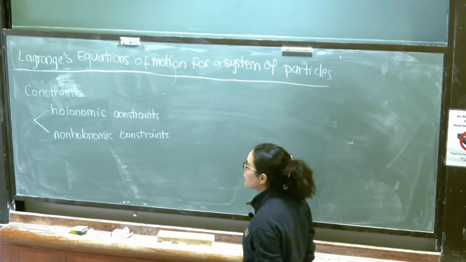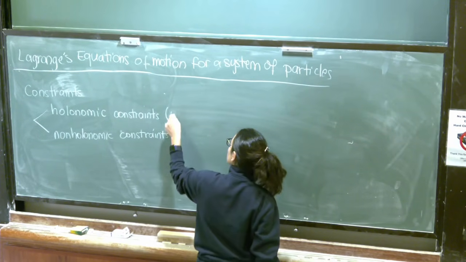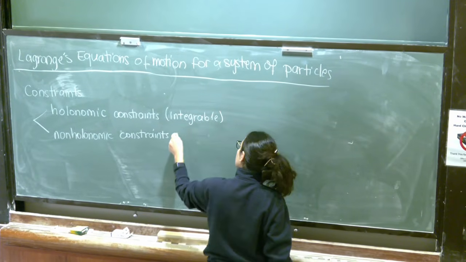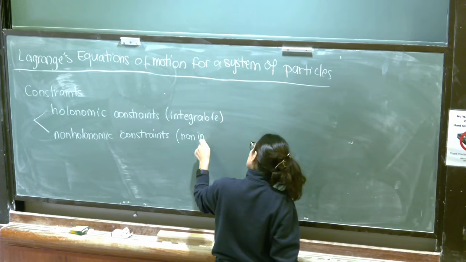Holonomic constraints are also known as integrable constraints, whereas these are non-integrable.